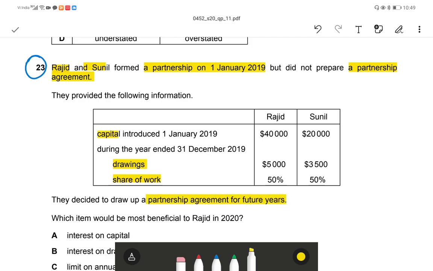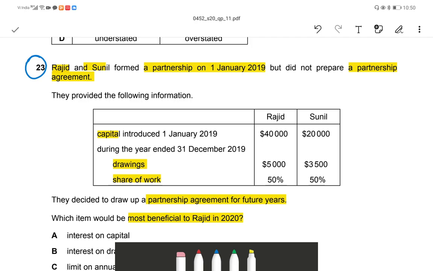Which item would be most beneficial to Rajit in 2020? Here, before they were not keeping any partnership agreement. So, if there is no partnership agreement, as per the Partnership Act, no interest on drawing and no interest on capital. So, they decided to follow a partnership agreement means they can go with interest on capital, interest on drawing as per their decided proportion.